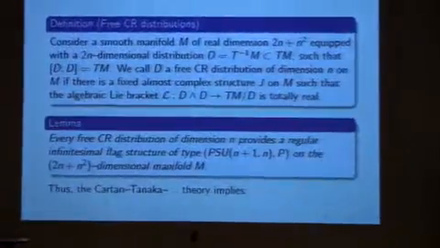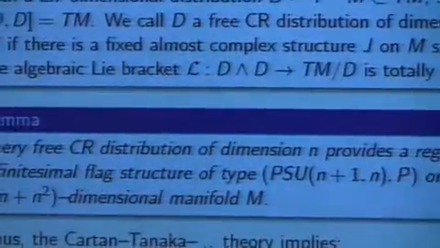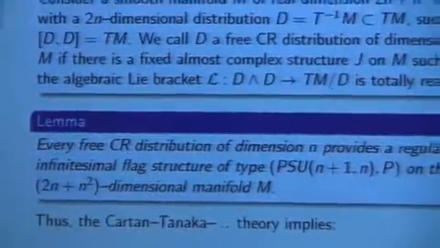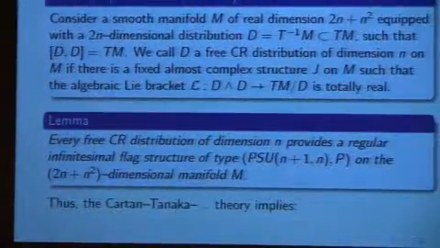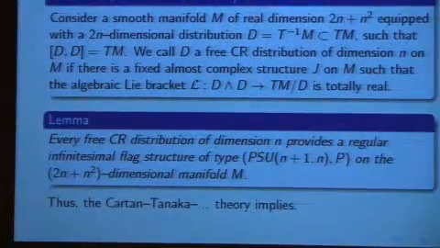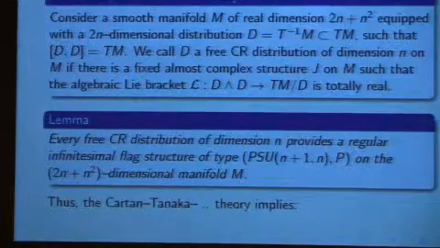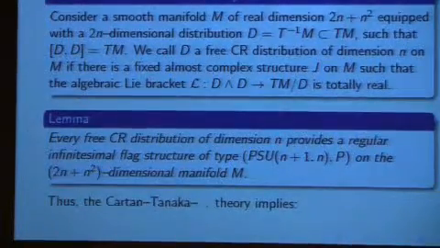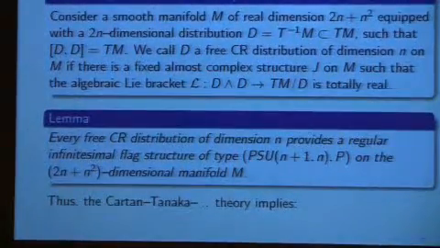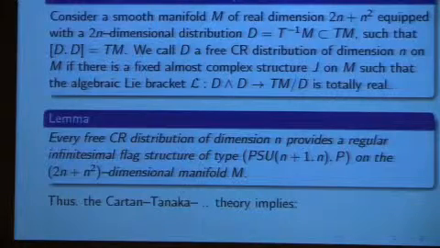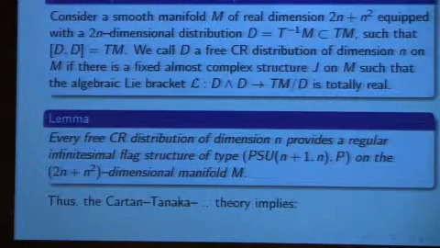And the essential lemma from the point of view of the general theory is that every such distribution provides the defining infinitesimal data for what we call a parabolic geometry, and we call it a regular infinitesimal flag structure in our book with Andreas Čap, which was also mentioned already here.